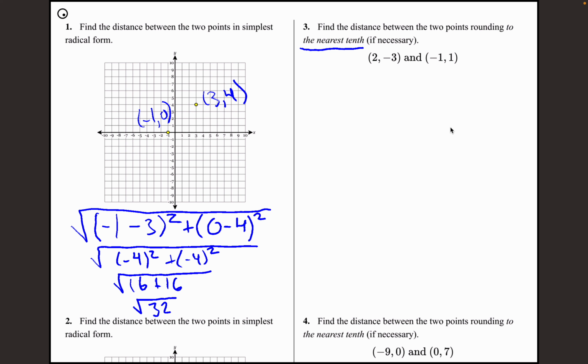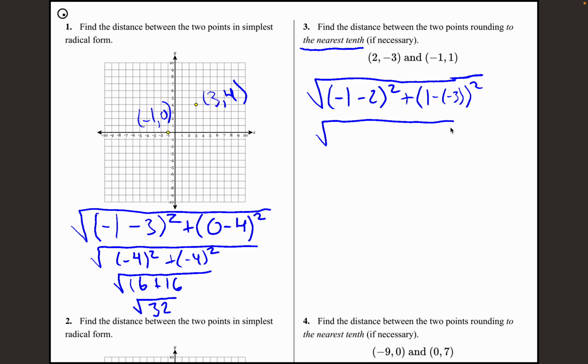Yeah, Tanner? -1 minus 2 squared. Then what? Yeah, we got to do plus 1 minus -3 squared. Okay? So who can tell me what -1 minus 2 is?